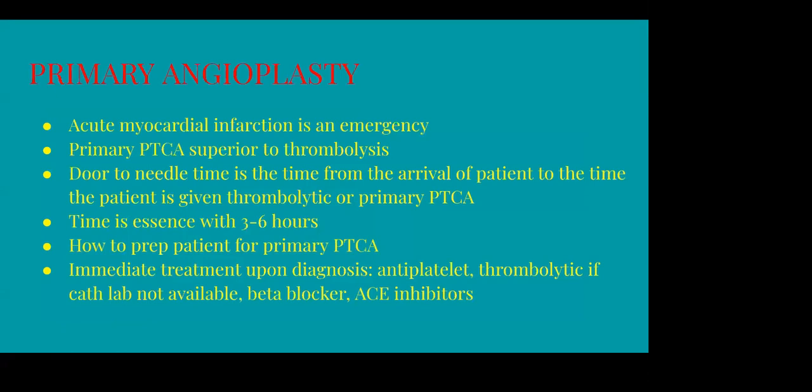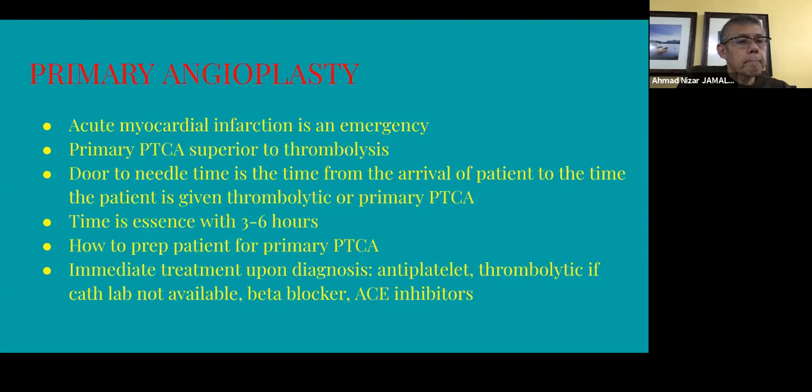The door to needle time is the time from the arrival of patient to the time that the patient is given thrombolytic or to primary PTCA. That would actually determine the muscle that you are going to save, and the muscle that you save is going to determine the heart function of the patient eventually.